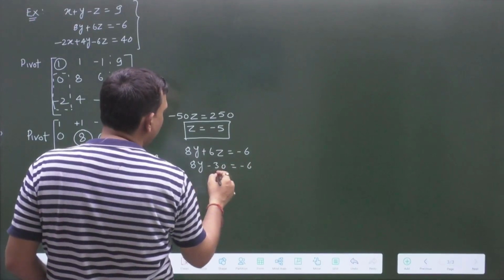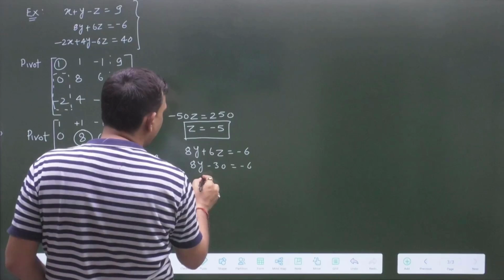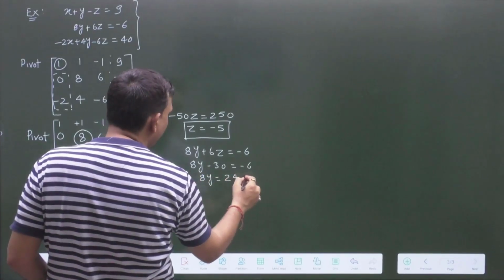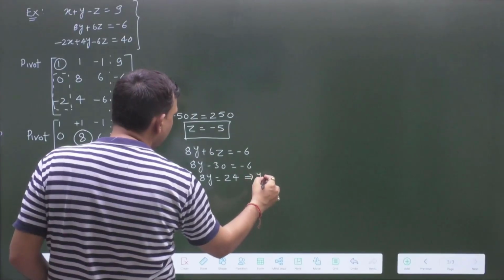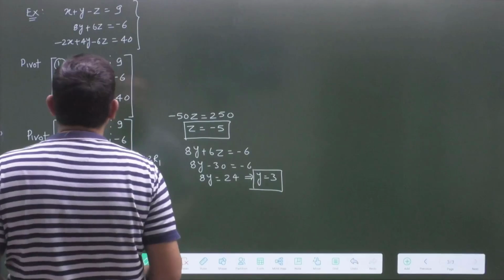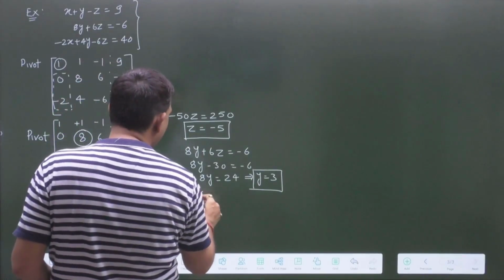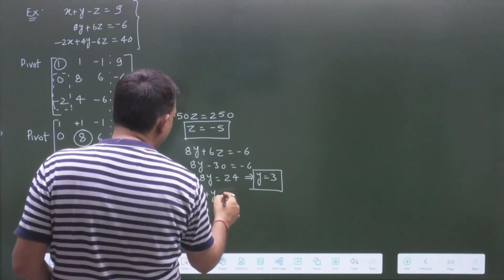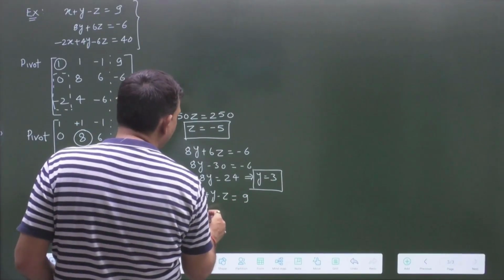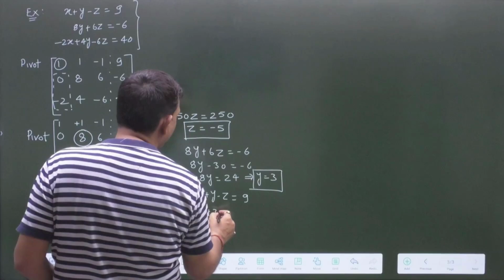This will be plus 24. 8y is 24, so y is 3. And then from the first equation, x plus y minus z is equal to 9. y is 3 plus 5.